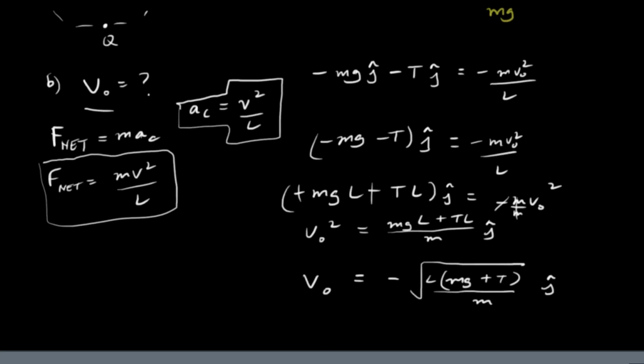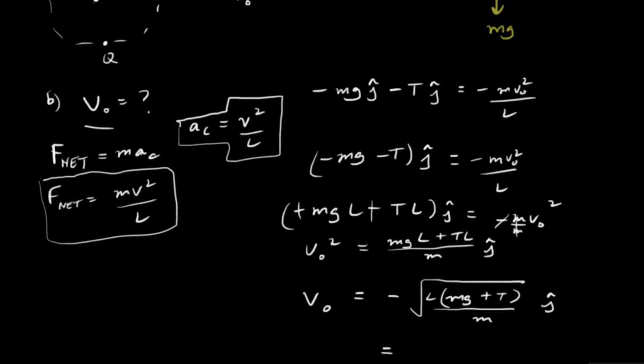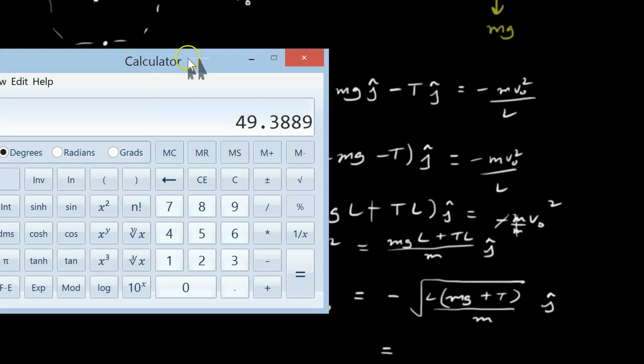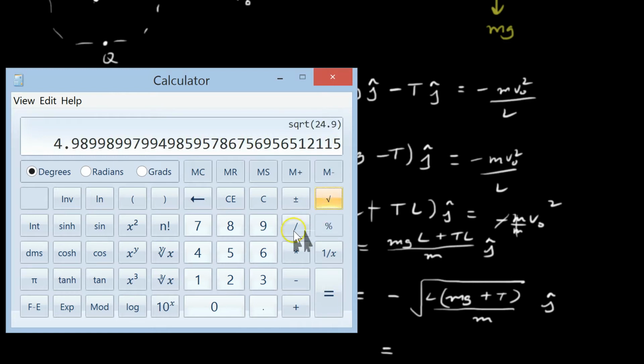So let's plug in our numbers real quick using our handy dandy calculator. Okay, so what do we have? L. What's L? L is 2 times, in parentheses, mg. M is 0.5 times 9.8 plus the tension they gave us, 20, and we're dividing this by 1/2, which is the same thing as multiplying by 2, and we're taking the root of this.